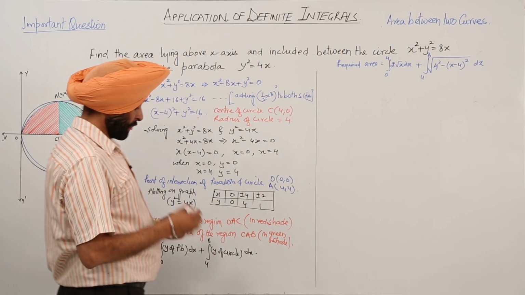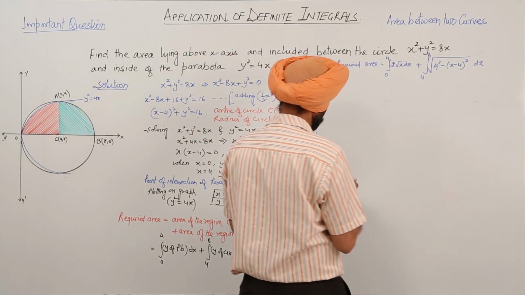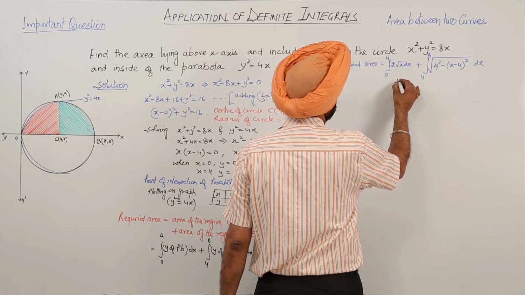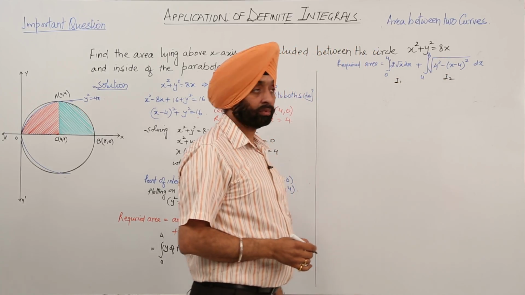Is it clear? Now let this be I1 and this be I2. Okay.